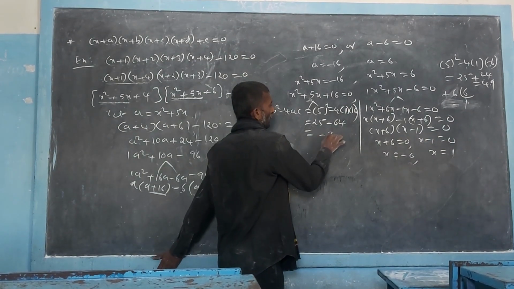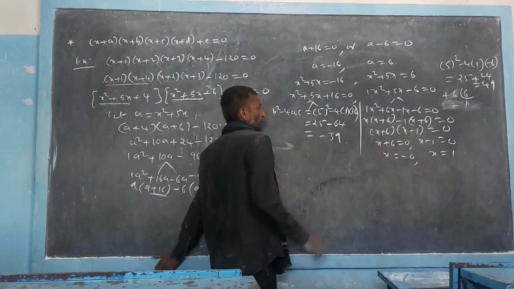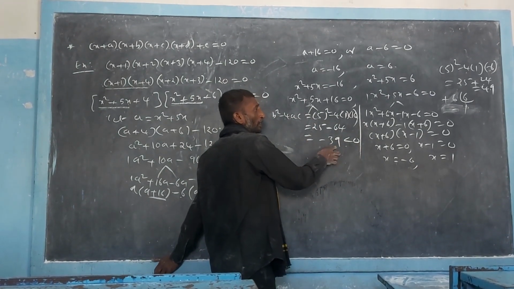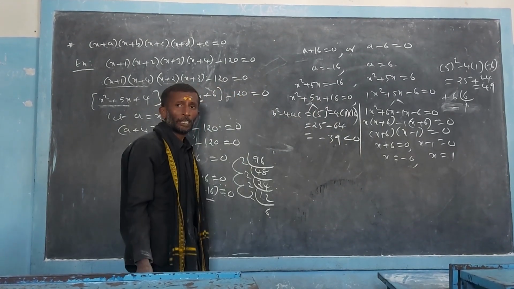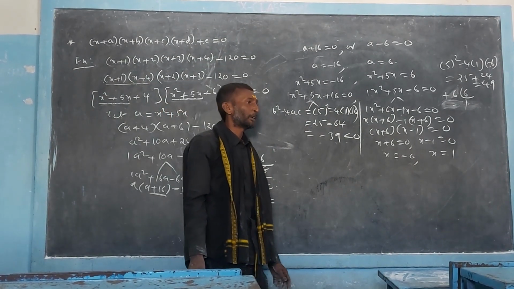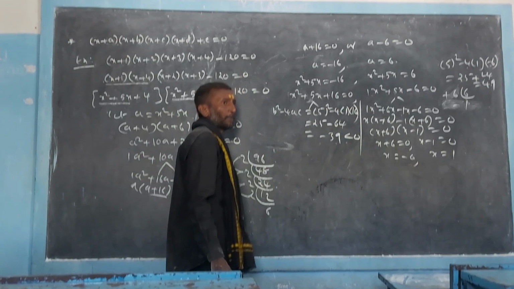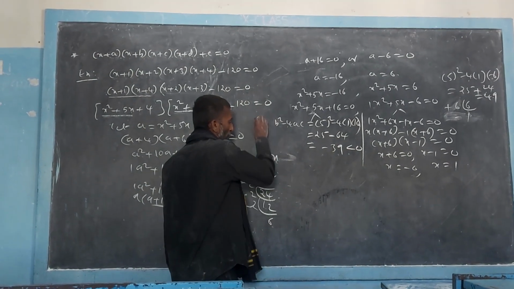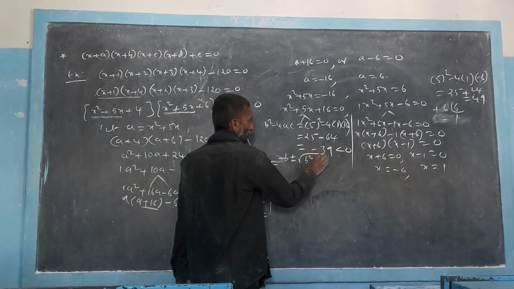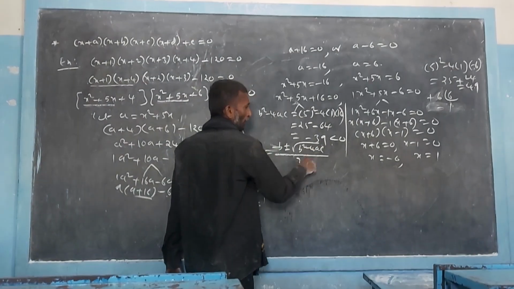It is less than 0. If b square minus 4ac is a negative number, then we do not have real roots. The roots are only complex, non-real roots in the set of complex numbers. And the roots can be obtained by the formula x equals minus b plus or minus root of b square minus 4ac by 2a.